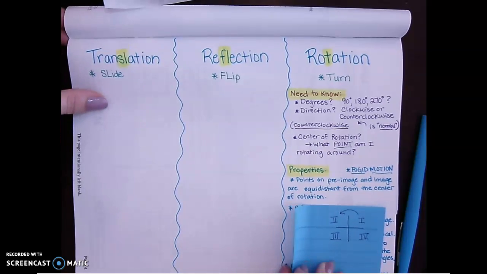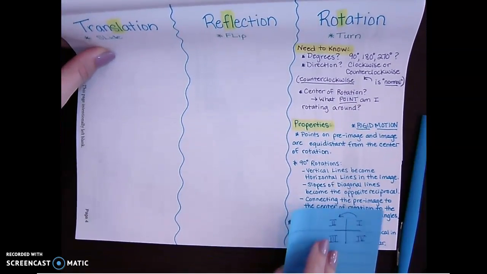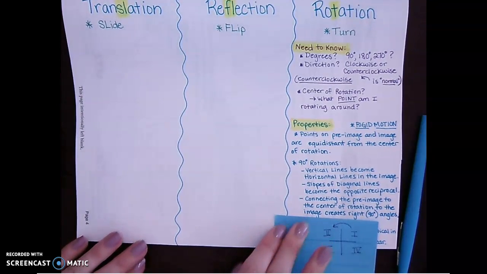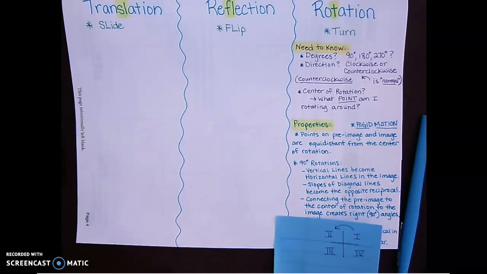All right. Another property is for specifically 90 degrees. I'll go ahead and uncover all of those because we've been working with 90 degrees within this task. We have noticed that anytime you have a vertical line, it becomes a horizontal line. That's super helpful anytime you are rotating an object, especially if your object already has a vertical or horizontal line in it that you can keep up with.